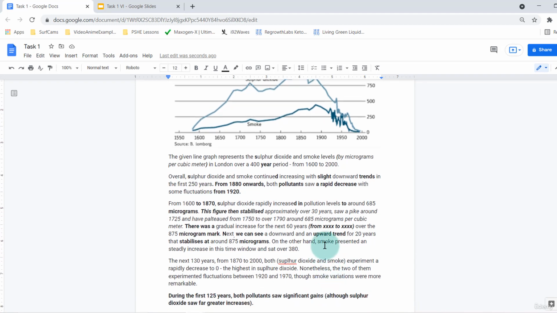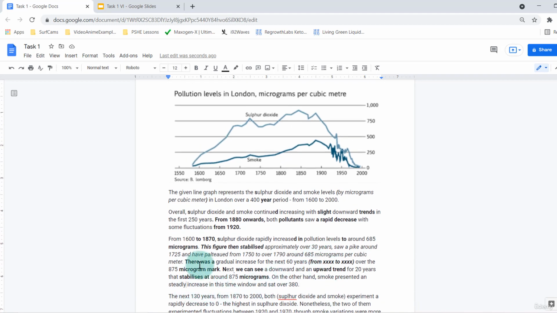On the other hand, smoke presented a steady increase. I'm going to keep presented in there, that works for me. We don't need a steady increase over this time. Time window over this time, and sat at over 380 within the year 1, 2, 3, 4.